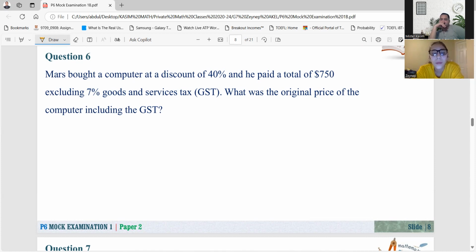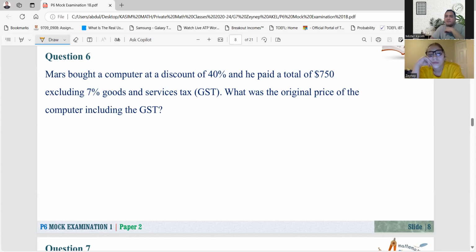Mars bought a computer at a discount of 40%, and he paid a total of $750, excluding 7% goods and services tax. What was the original price of the computer, including the GST? Okay, GST means just tax.